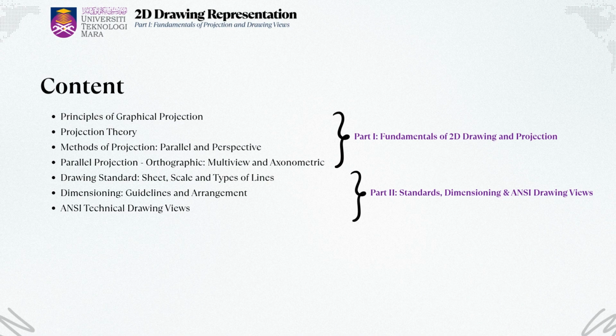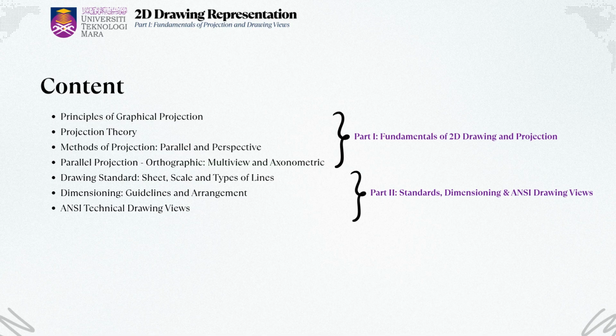Throughout this chapter, we will be covering several important subtopics. First, we'll look into the principles of graphical projection, where we learn how a 3D object can be visually translated onto a flat surface. Then, we'll move into projection theory, which helps us understand how visual rays, projection lines, and planes work together to form views.